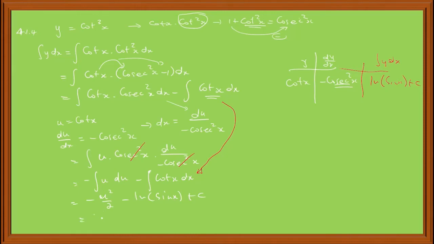So it's minus half. What is u? It is cot squared x minus the ln of sine x plus c, right? Then again, the last one, thank you.